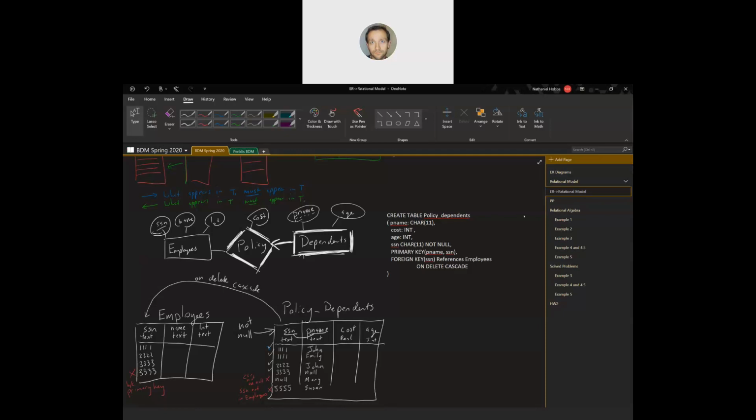We can build the dependent table two ways: one with SSN and pname as a superkey, or a separate pname table for dependents.